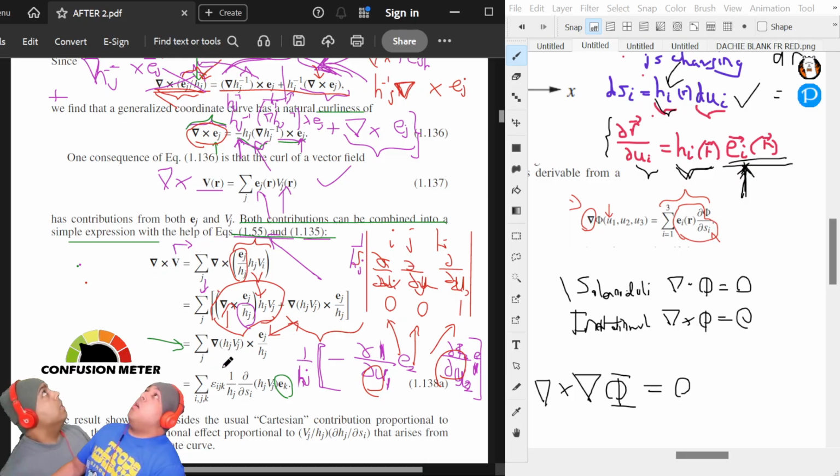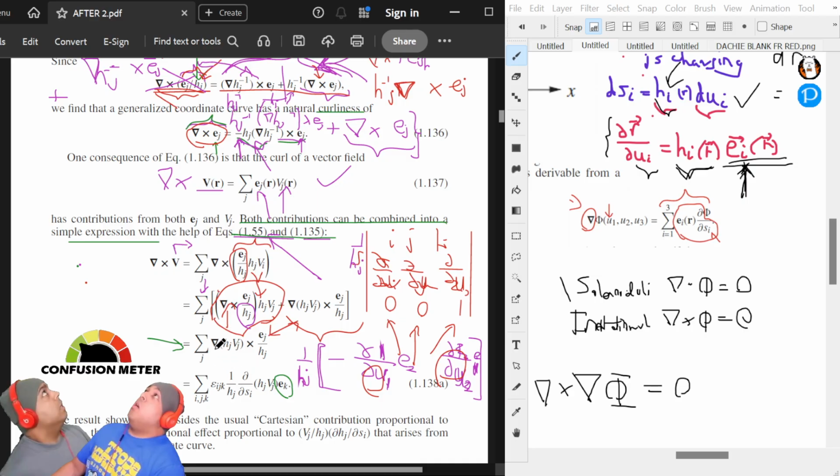So Levi-Civita, we can use any symbols we want really. This guy's using I, J, K, so we can actually use a J. Epsilon IJK, 1 over HJ, del S.